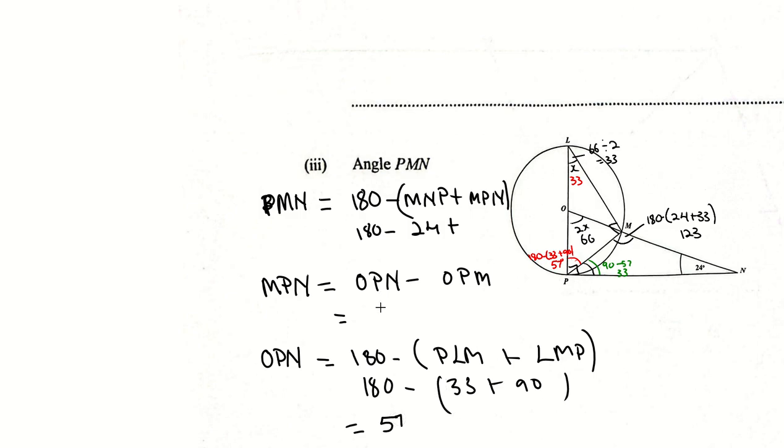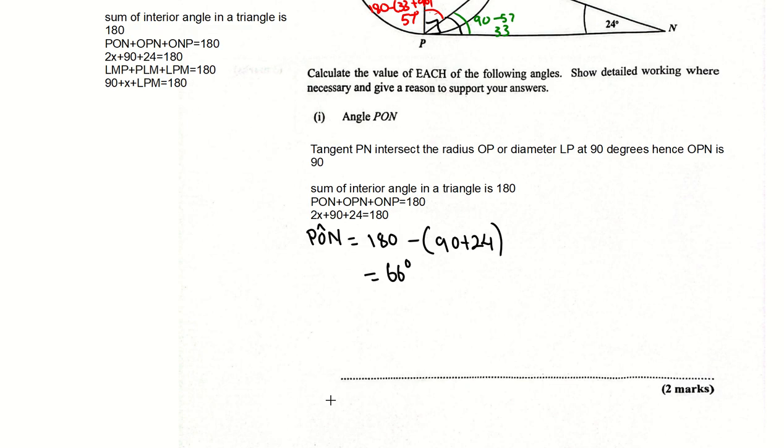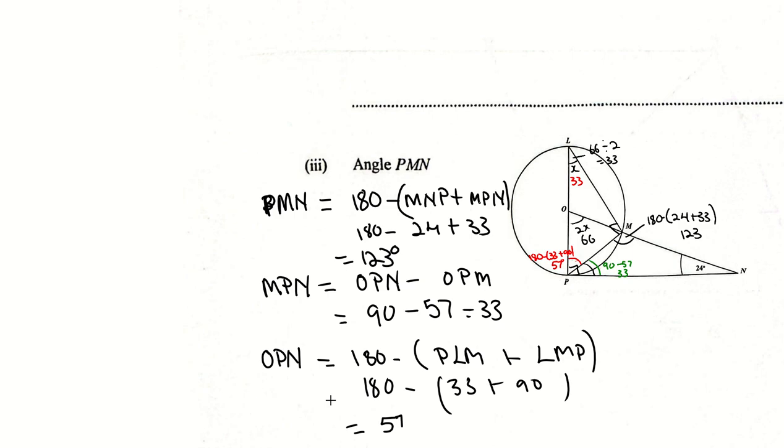Then we said OPN was 90, subtract 57, which was 33. So this is 33 here. That is how we got 123 degrees. And that is what you would have to write down, because they did say calculate, show detailed working, so they want to know your detailed working for these things. Yeah, and show reason for your answer. So this is how you would do it.